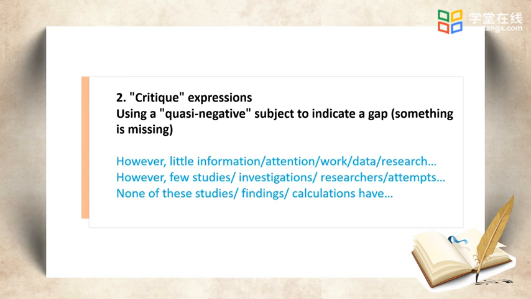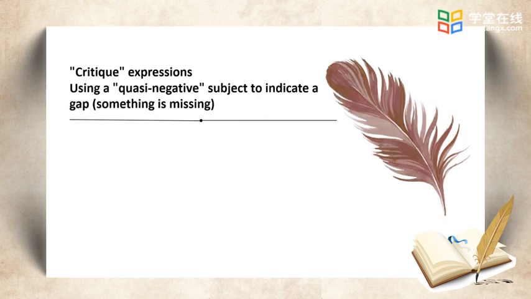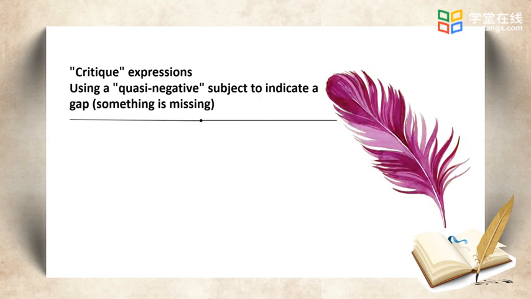To show your thesis advisor that you have done the proper background work, it might be a good idea to be more specific about exactly what research and whose research has been lacking. Critic expressions. Using a quasi-negative subject to indicate a gap, that is, something is missing.